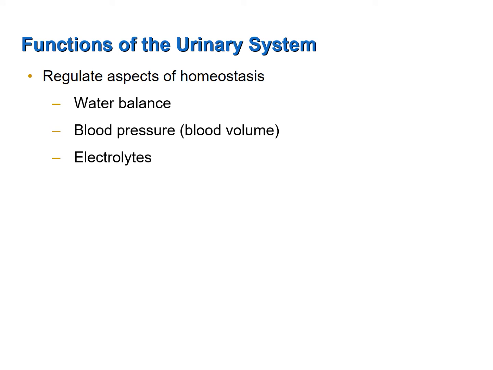Related to water balance is the level of electrolytes in the blood and other fluids of the body. Water will tend to move by osmosis following charged particles such as electrolytes.